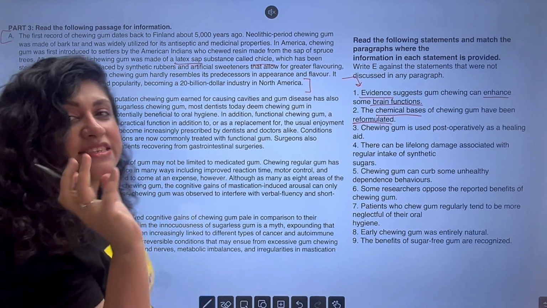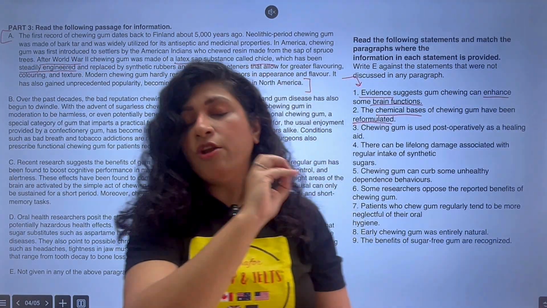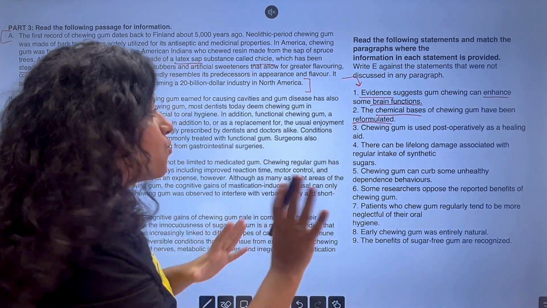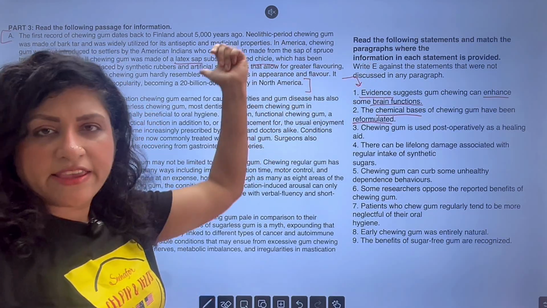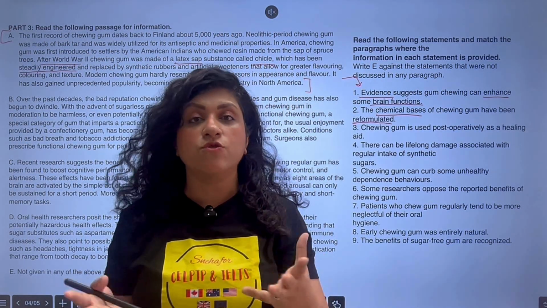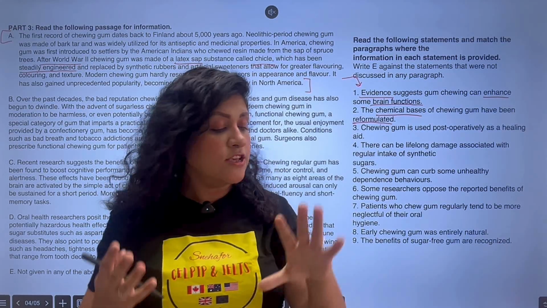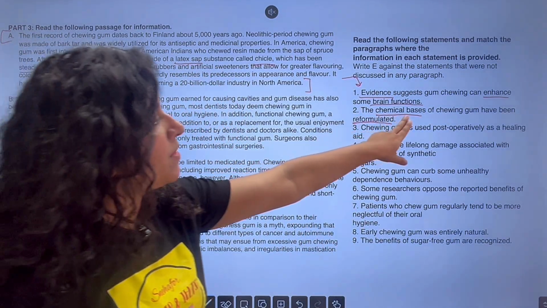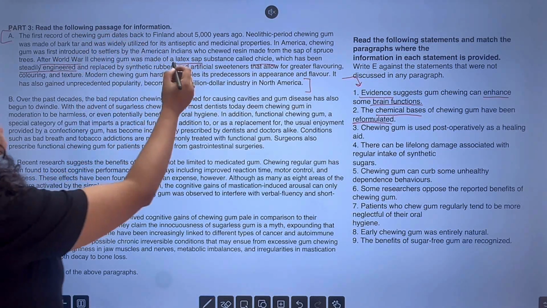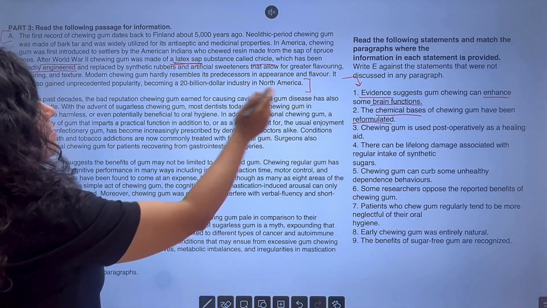So again, when I say you have to match the keywords, I have said this enough number of times so far that you don't only match the exact keywords, you also look for synonyms. You also look for closely associated words. So clearly, chemical basis, it's used for this chewing gum that it was made of a latex sap.